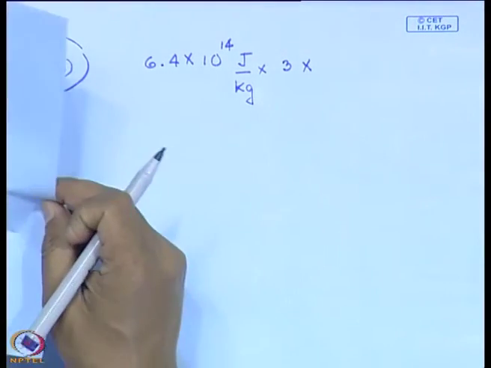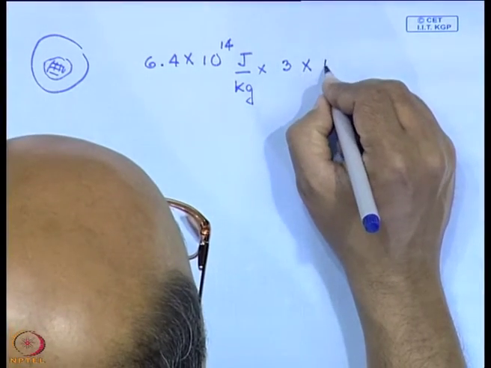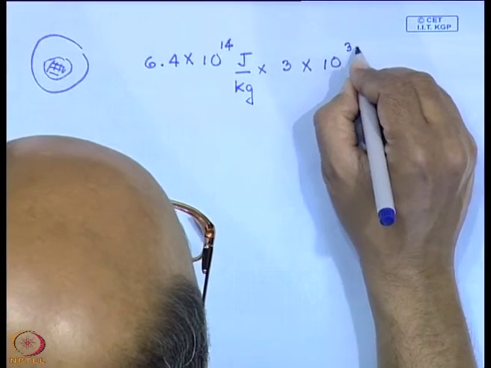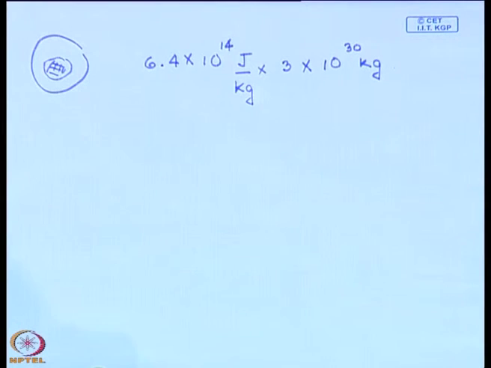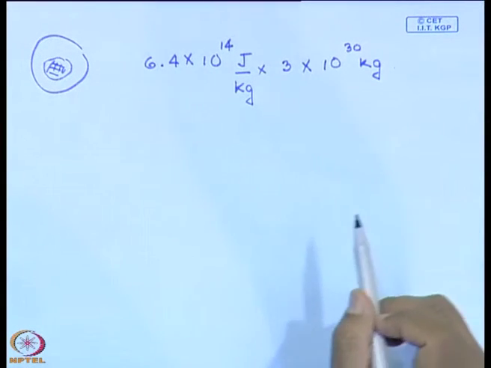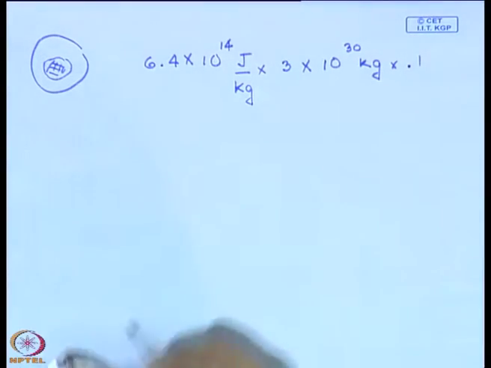The mass of the sun is 3 into 10 to the power 30 kg, and then 10%, so into 0.1, and 2% of the energy is lost in the form of neutrinos.